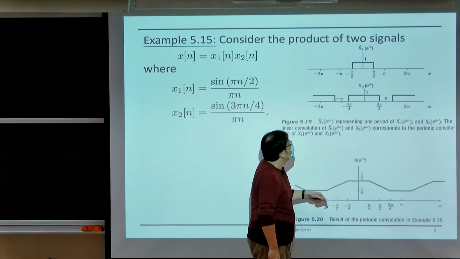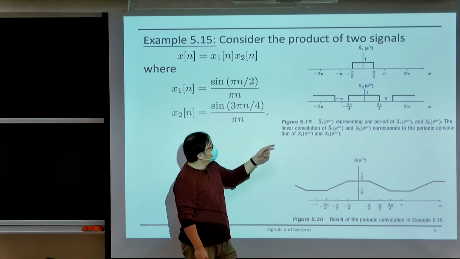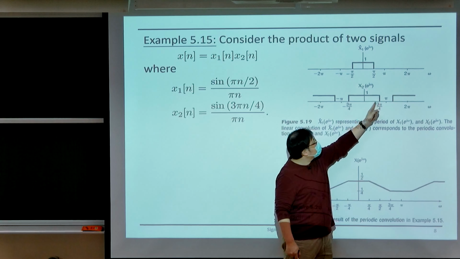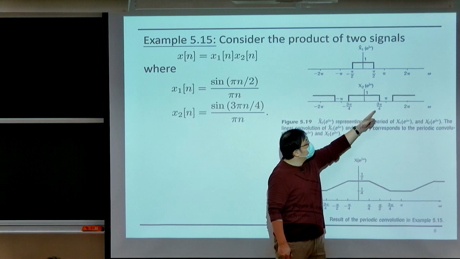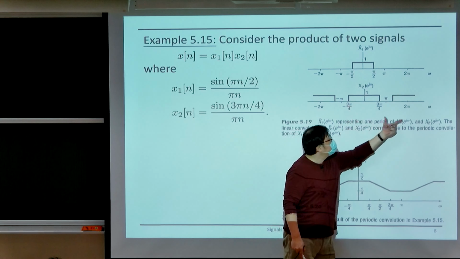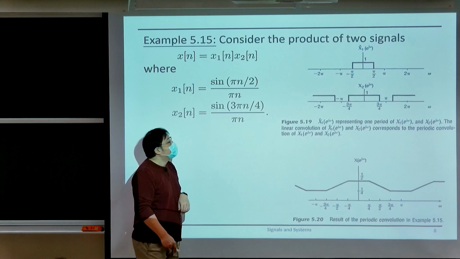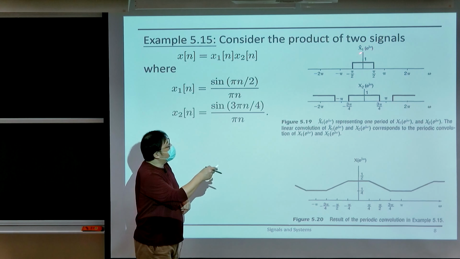And similarly for x2, you have this rectangular spectrum going from minus 3 pi over 4 to 3 pi over 4, and it repeats every 2 pi.